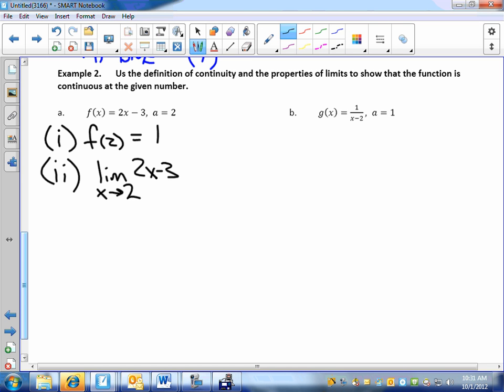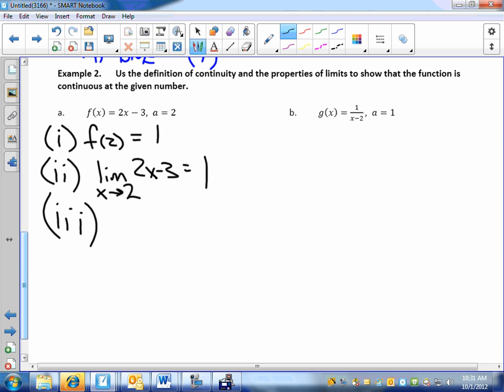We would do the precise definition of a limit and prove this, right? But that would be more than we really needed to do. So we learned that in order to evaluate a limit like this, you could simply plug it in, right? And so the limit is equal to 1.